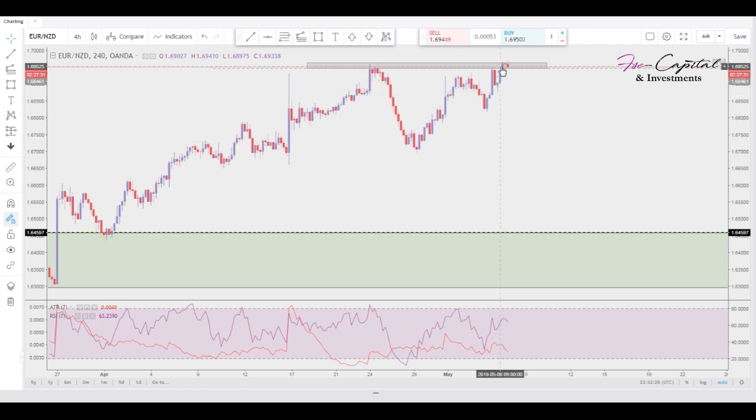If we get a violation, and we get a close above this level looking left, then I'll be waiting for that Cipher on the daily time frame.